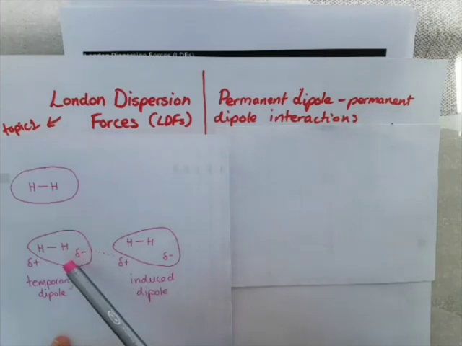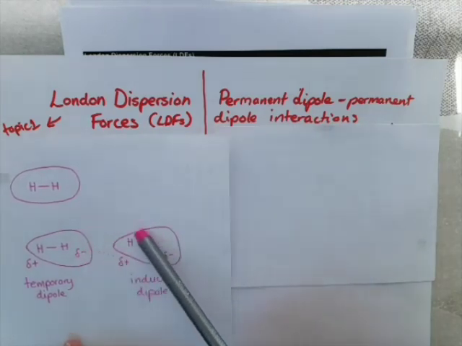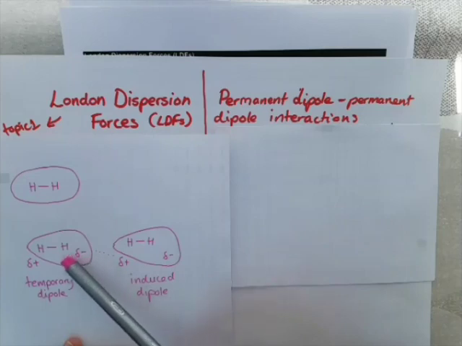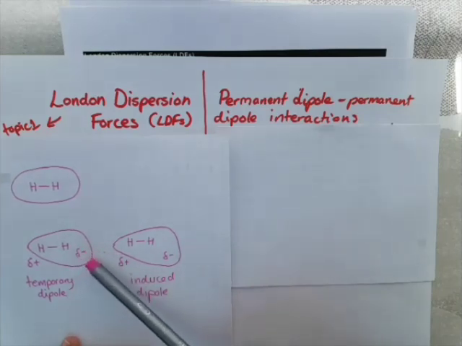It's a temporary separation of charge leading to a slightly negative, so that's the delta minus, and a slightly positive part of the molecule. What can then happen is if we have another molecule nearby, because the electrons in this one have wobbled and we've got a negative part of this molecule, remember, like charges repel.